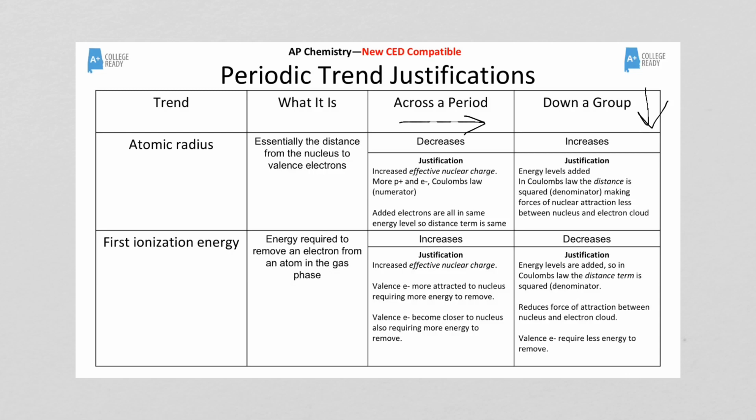Therefore, since the size is smaller, it takes more energy to remove an electron. And as we go down a group, the size is getting bigger because the valence electrons are in higher energy levels. The greater the distance the valence electron is from the nucleus, the less energy it's going to take because the attraction is not very strong.